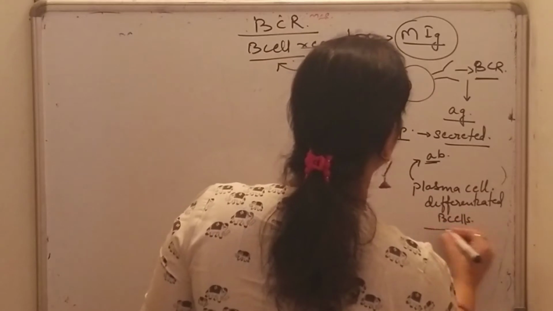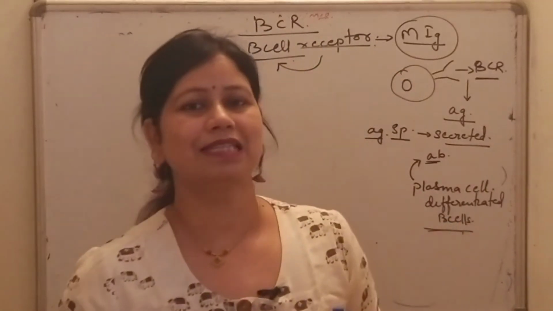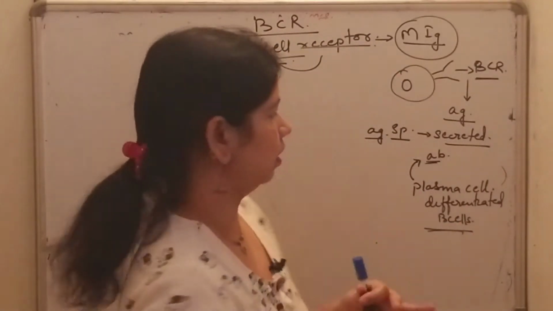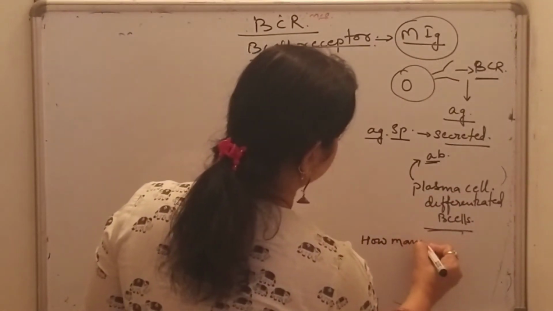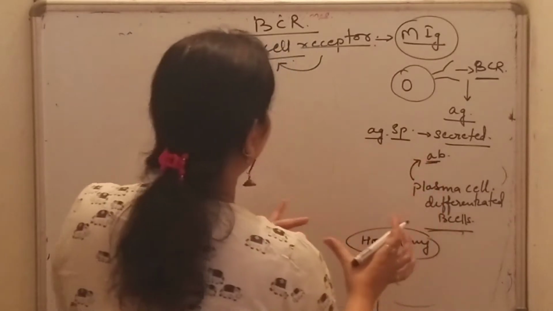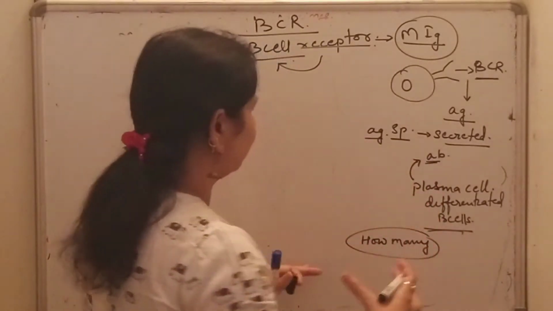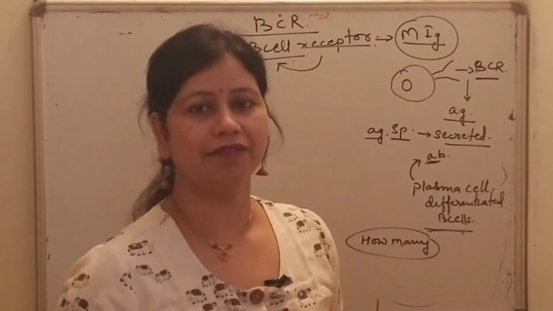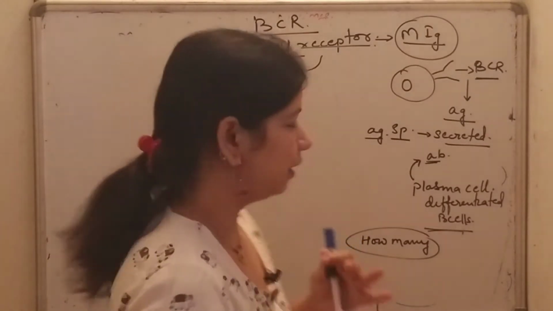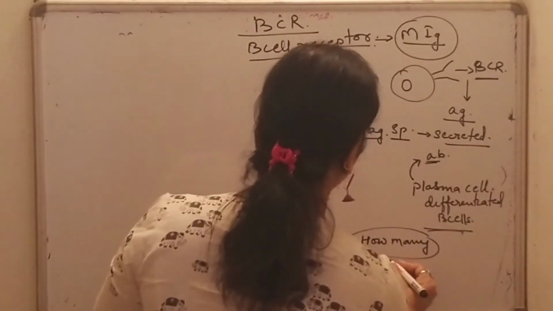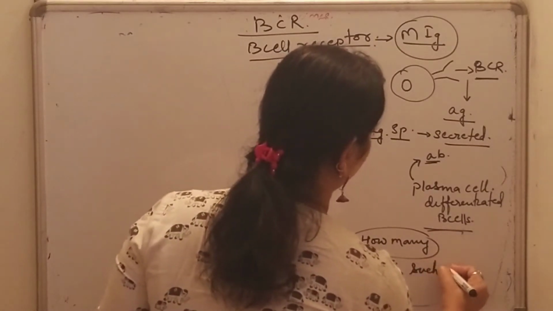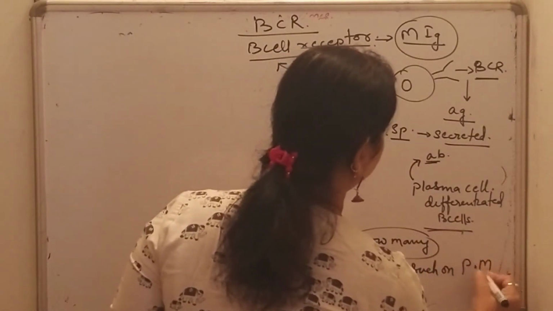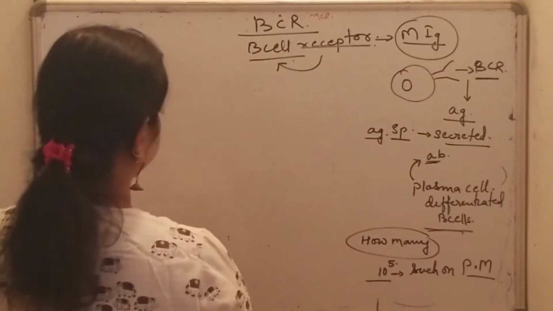Now the question arises, how many receptors do B cells have? The answer is approximately each B cell has 10 to the power 5 such receptors on its plasma membrane.